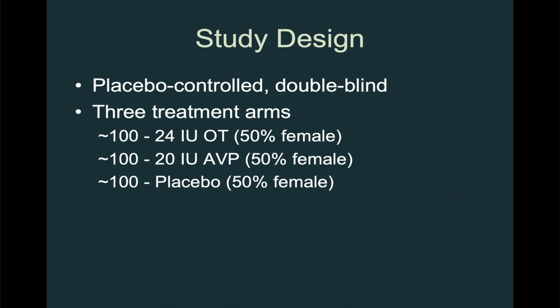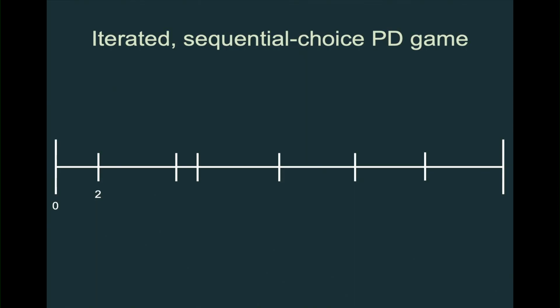So we conducted a placebo-controlled double-blind study in which approximately 300 participants were randomized to treatment with either 24 units of intranasal oxytocin, 20 units of intranasal vasopressin, or a placebo, and about half of all participants were female. And this just shows you what a single trial of the task looks like.